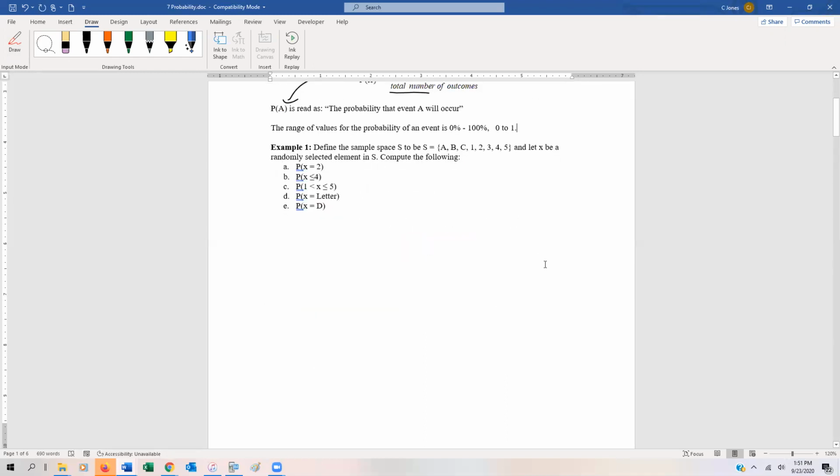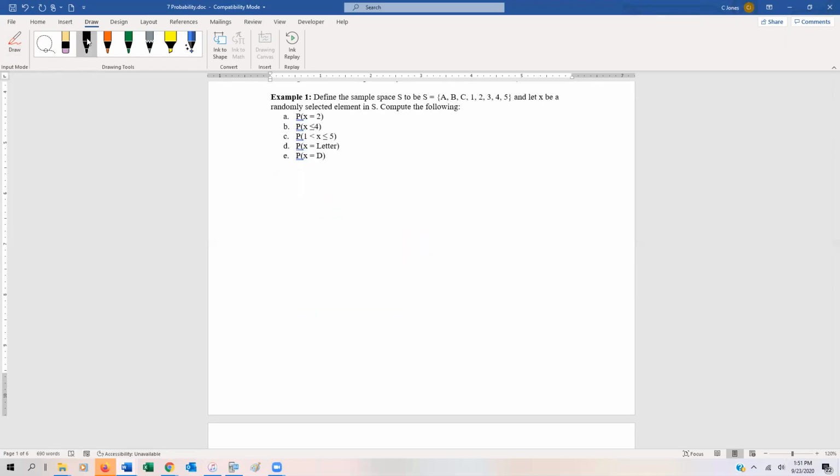So just some really basic examples of probability. Let's define a sample space S to be A, B, C, 1, 2, 3, 4, 5. Let X be a randomly selected element. Let's compute the following. If I was to theoretically reach into a bag, let's just put all the elements inside of a bag: A, B, C, 1, 2, 3, 4, 5.